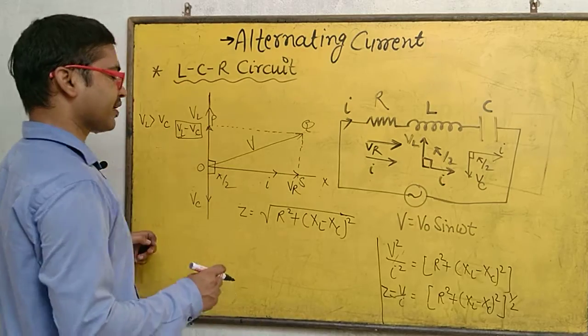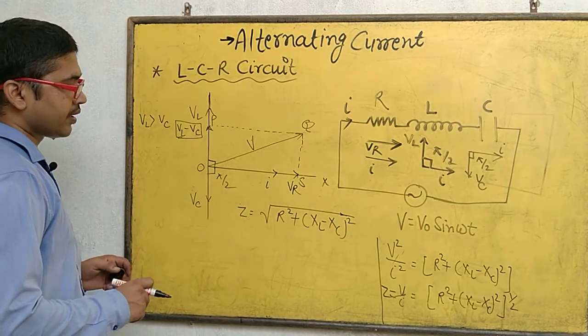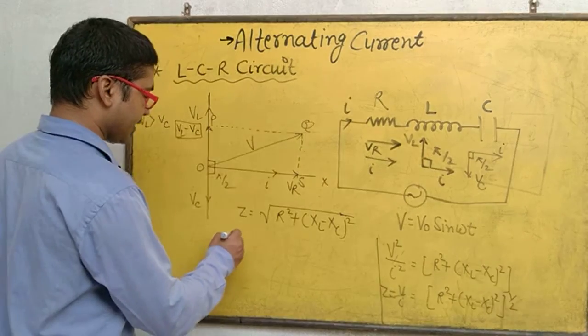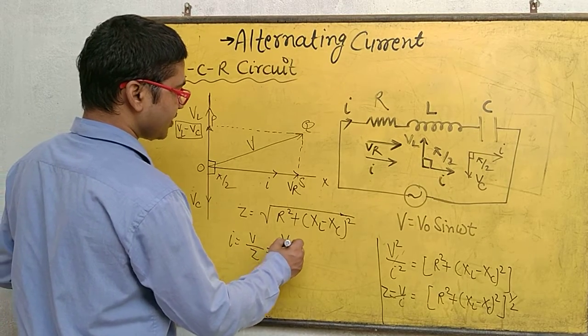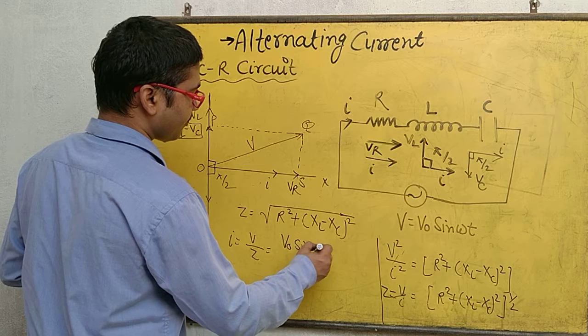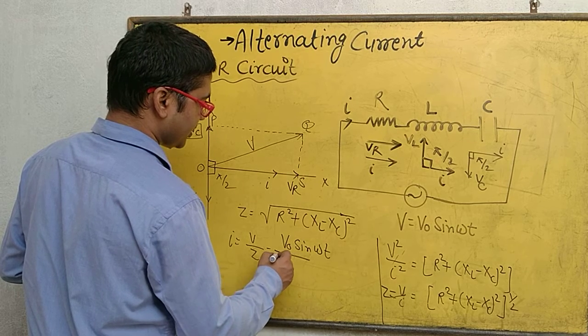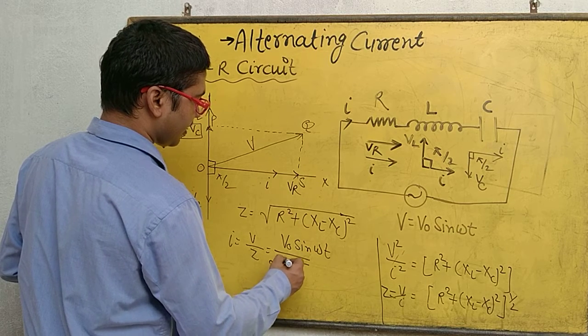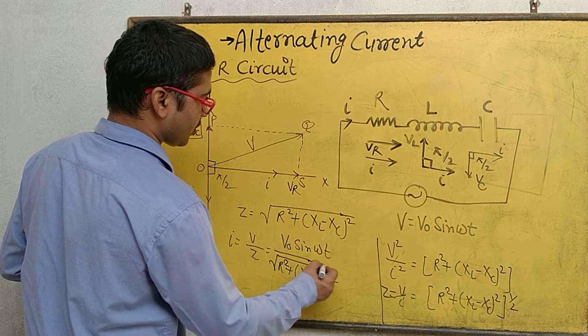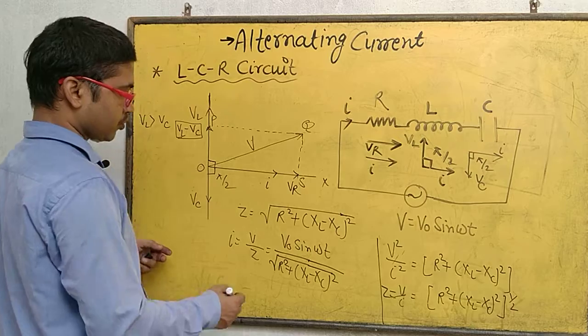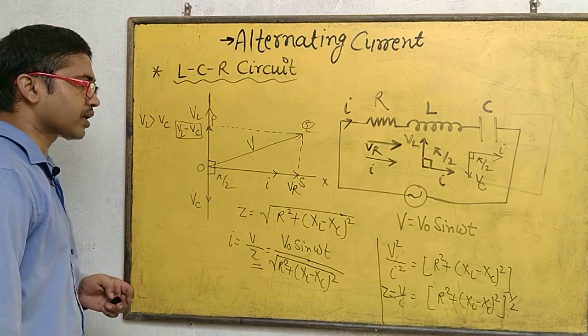So this one is the effective resistance of this circuit. Now the current in this circuit is given by I is equal to V by Z, where the value of V is V naught sin omega t, and the value of Z is under root R square plus XL minus XC whole square. So by this equation you can find out the current of this circuit.